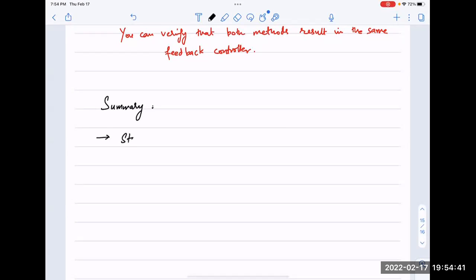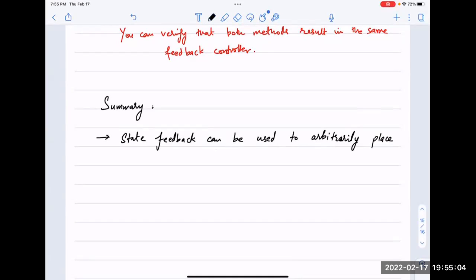So, the state feedback, as we've said, can be used to arbitrarily place poles of controllable systems.